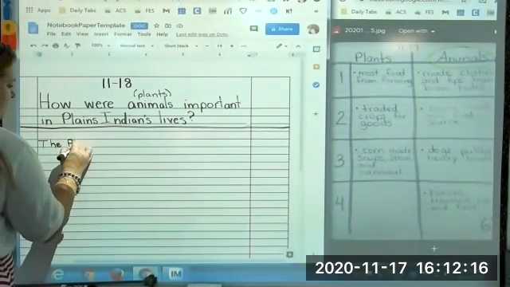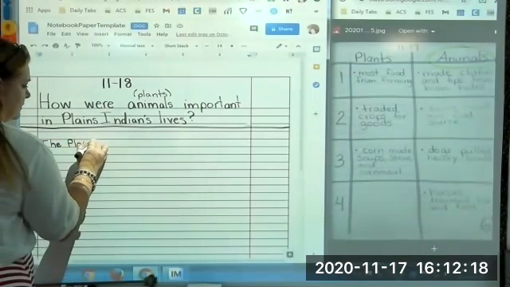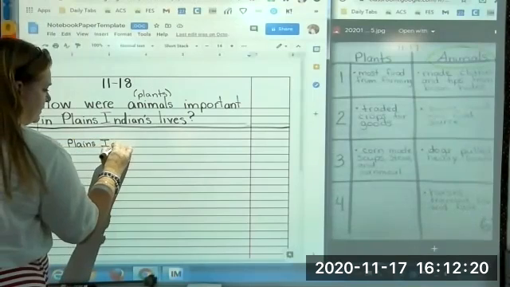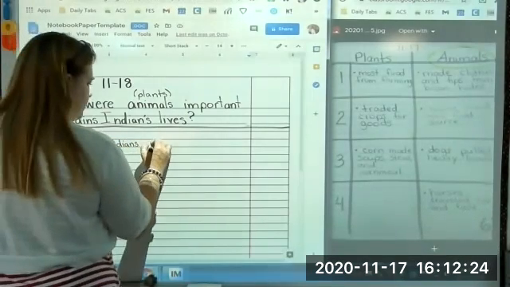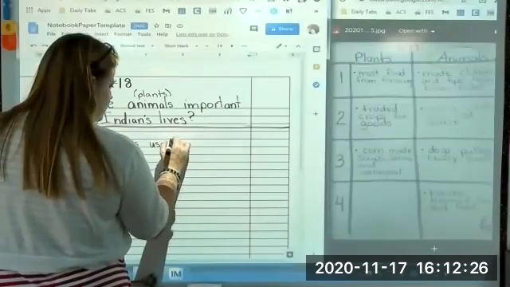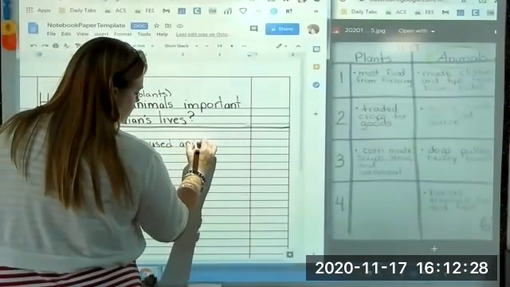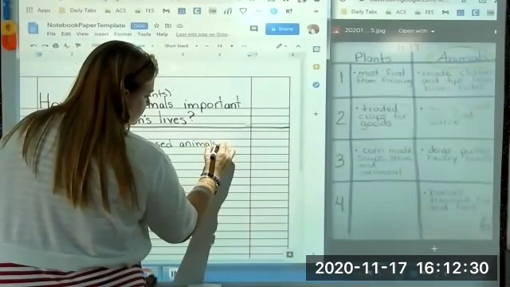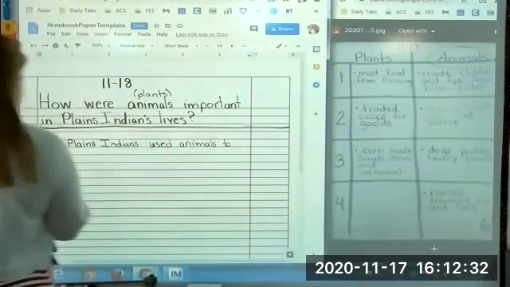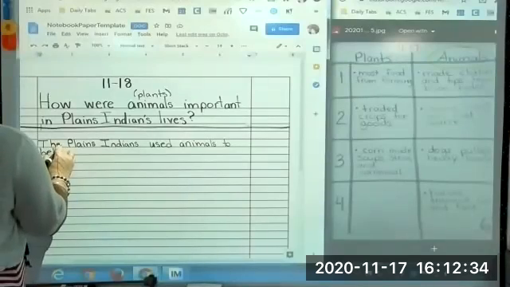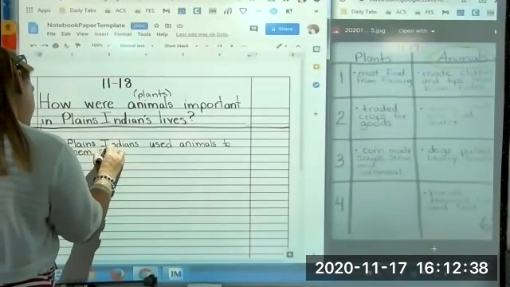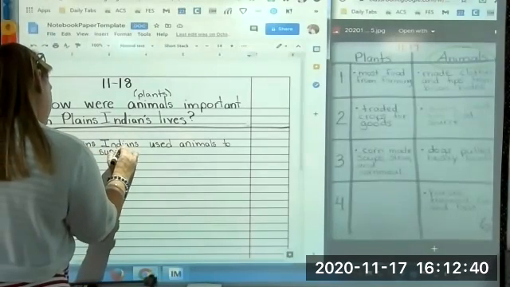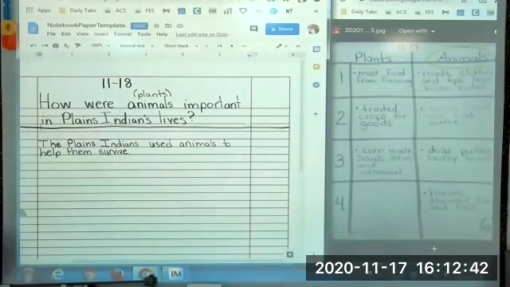The Plains Indians used animals to help them survive.